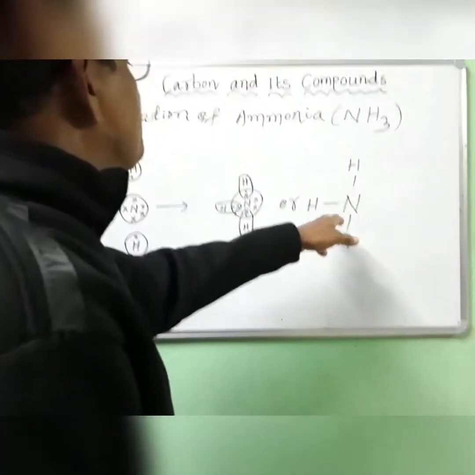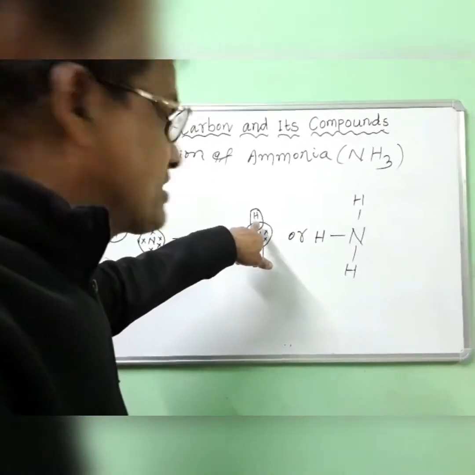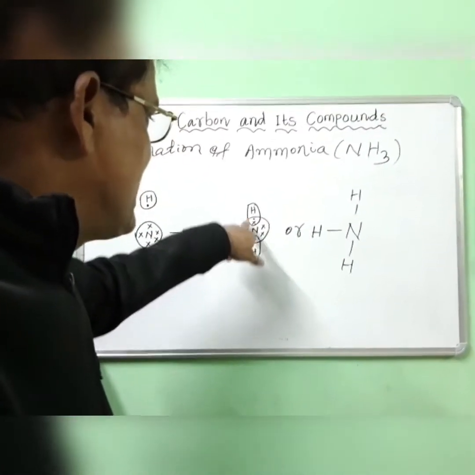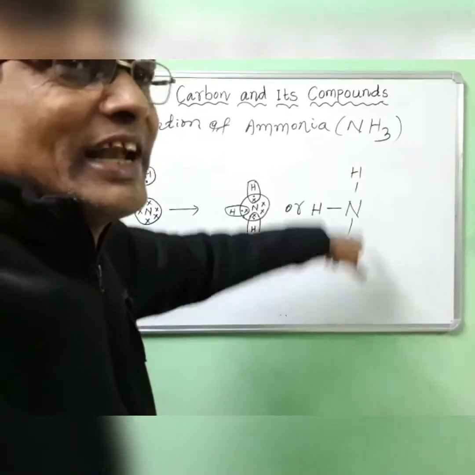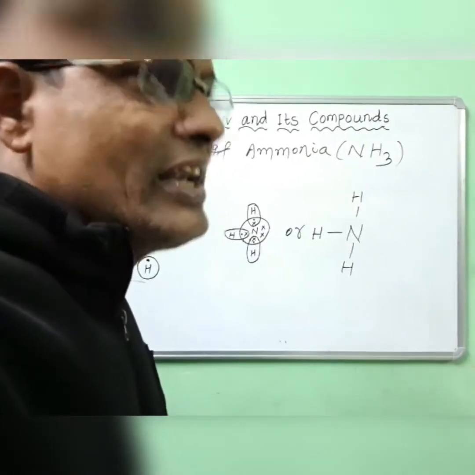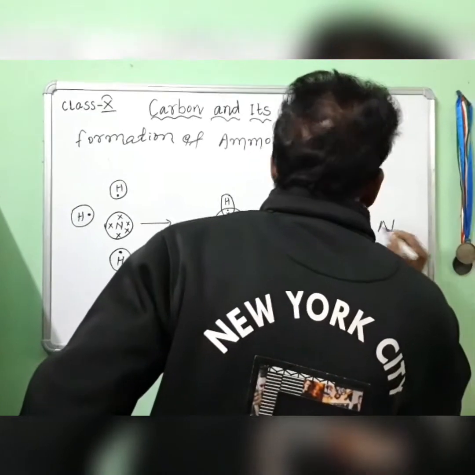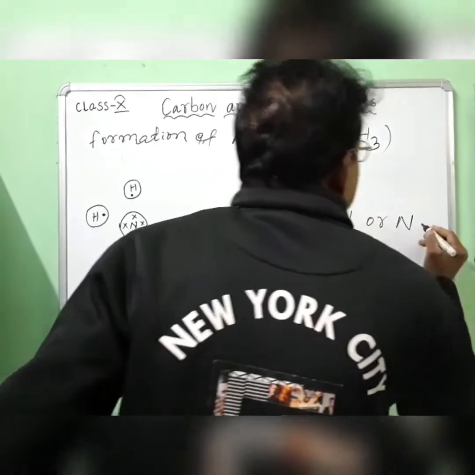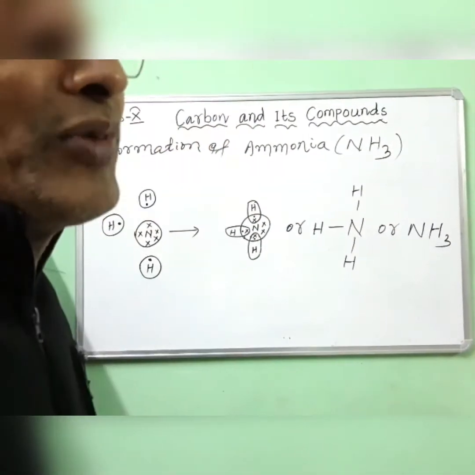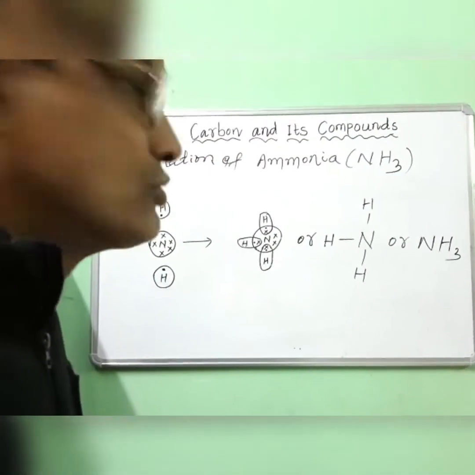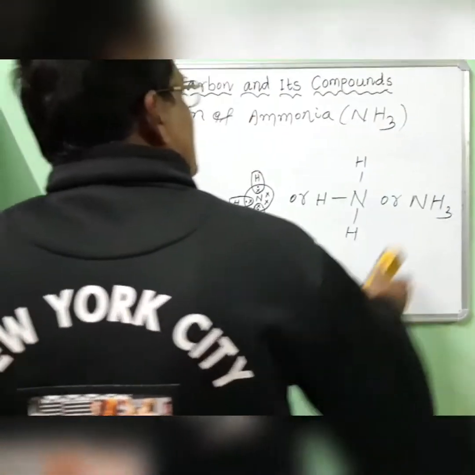So here a single pair of shared electrons, here we also have a single pair of shared electrons, for single bonding between nitrogen and a hydrogen atom. So that is NH3, ammonia. This is the formation of ammonia, a covalent compound. Okay, NH3. Clear?